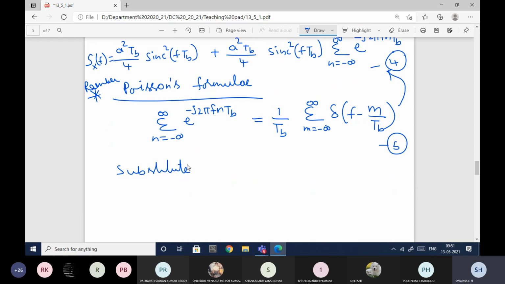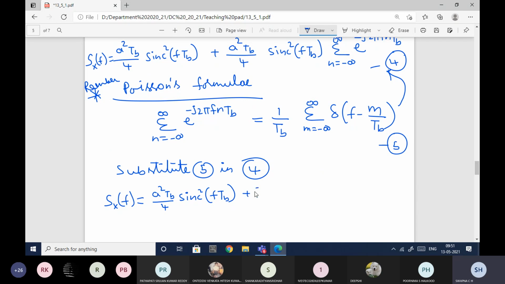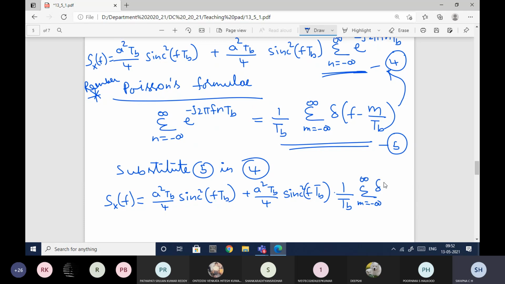Substitute 5 in 4. So it will reduce to Sx of f equal to A square Tb by 4 sinc square(fTb) plus A square Tb by 4 sinc square(fTb). In place of this function I can write this one, 1 by Tb into summation m equal to minus infinity to plus infinity delta of f minus m by Tb.